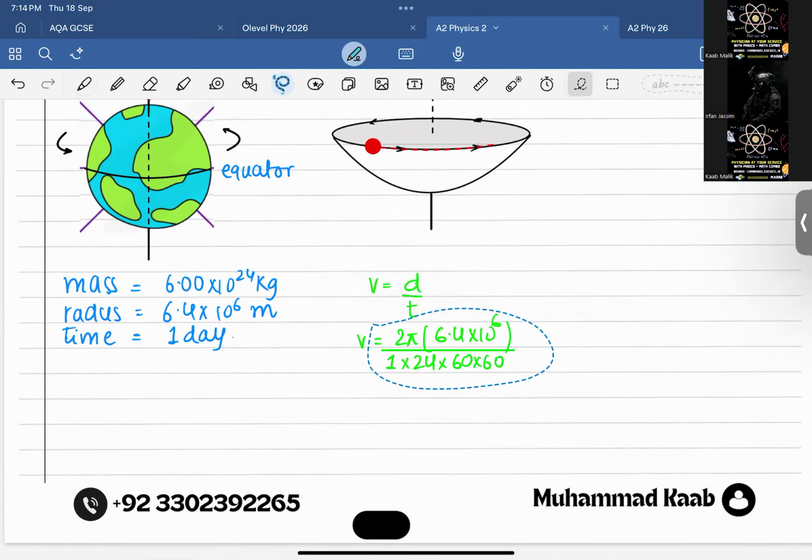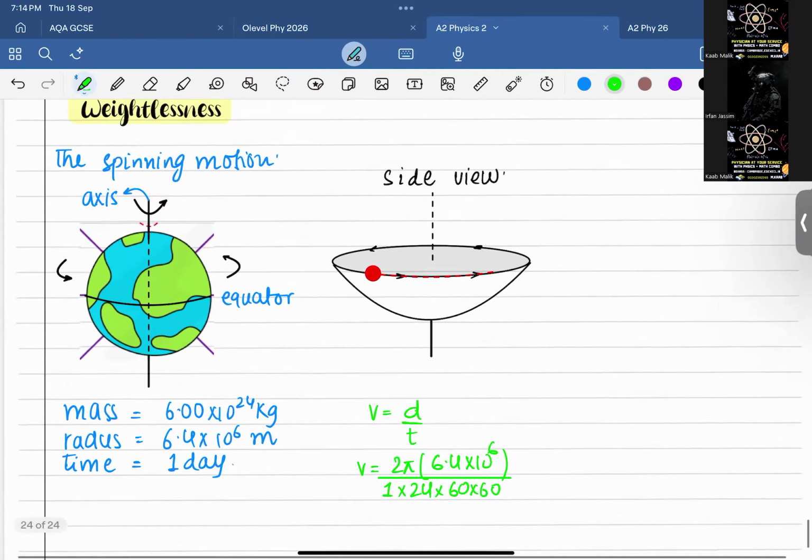Can you find out the velocity for me, please? It is 4.65 into 10 to the power 20. Bro, how? It shouldn't be that much.